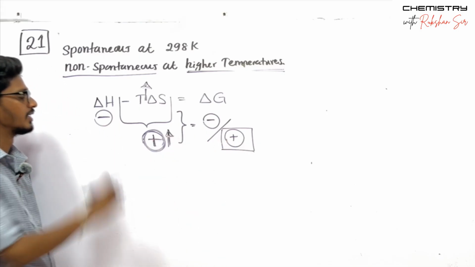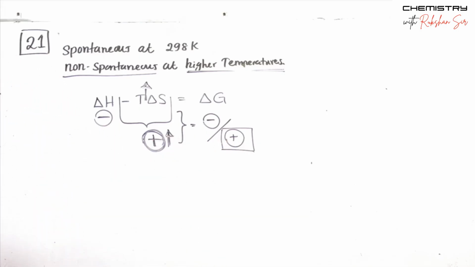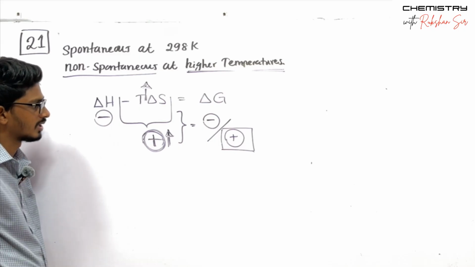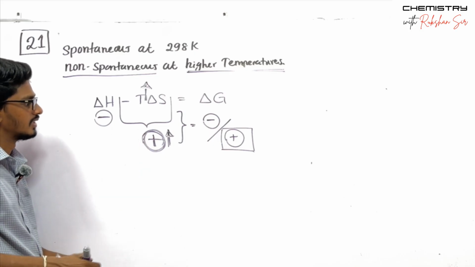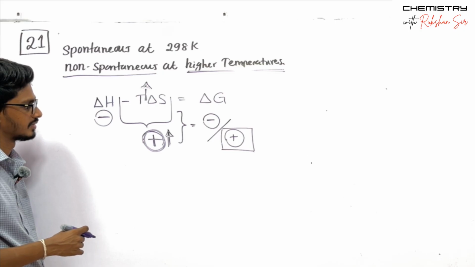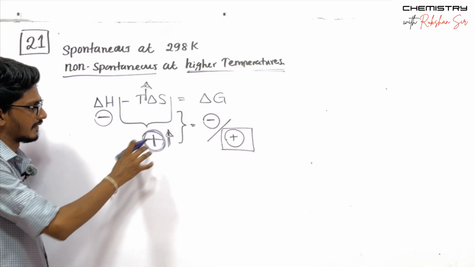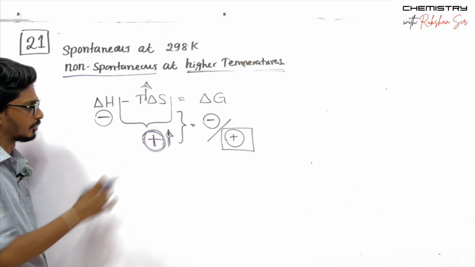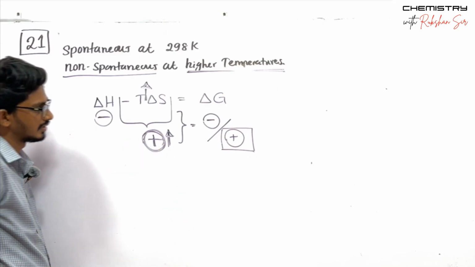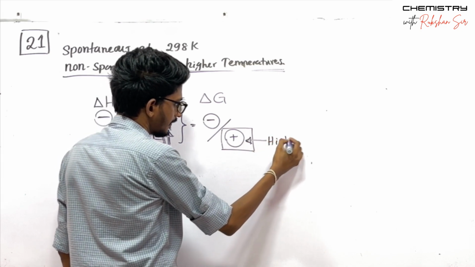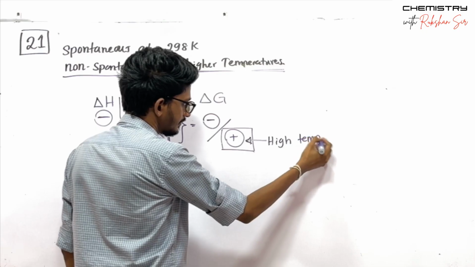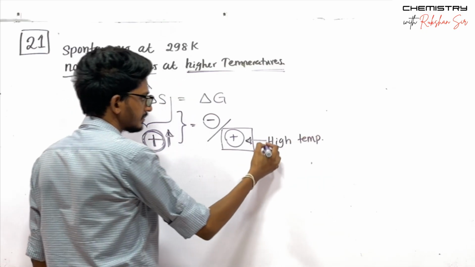So that is going to be negative. The two signs must definitely be opposite, as I discussed earlier. So at higher temperatures, this should be positive, the positive value should be greater, and the reaction is not spontaneous.